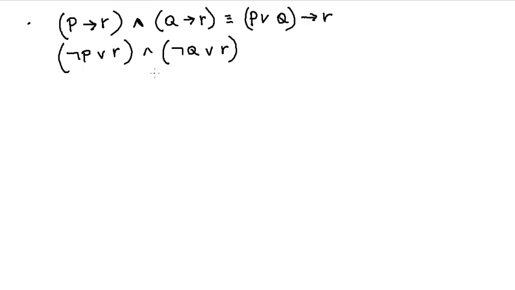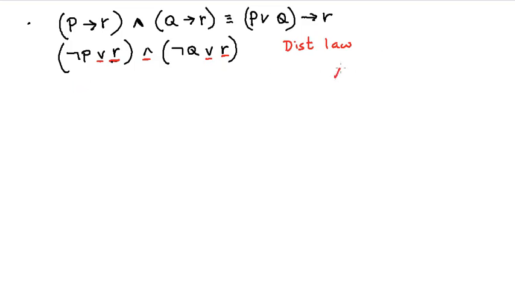If you look here, R is common, and we have or on both sides. So what kind of law do we have to use? Distributive law, right? Apply the distributive law. So how does it work?